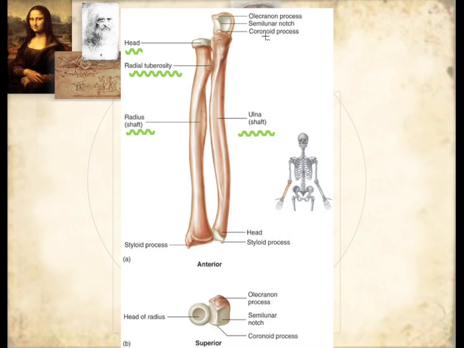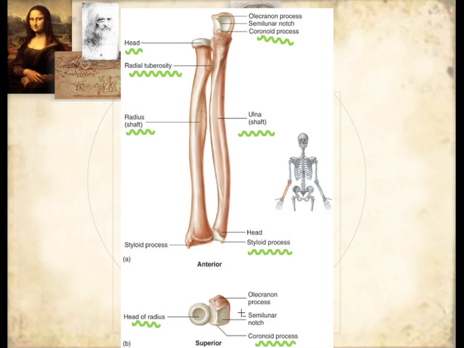This is the coronoid process, and this is the styloid process. This part is the anterior part. If I talk about the superior part, this is the head of the radius, and this is the coronoid process.